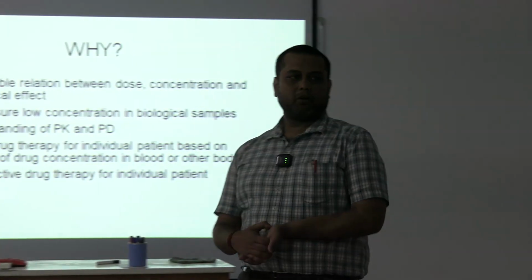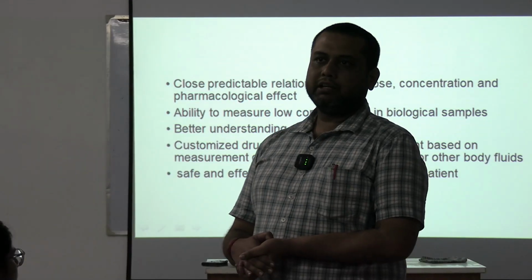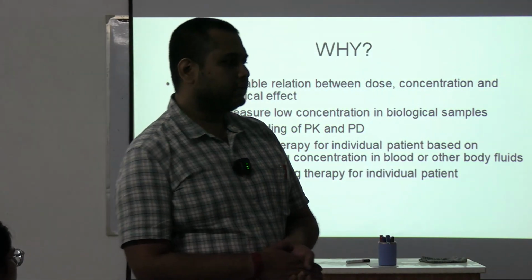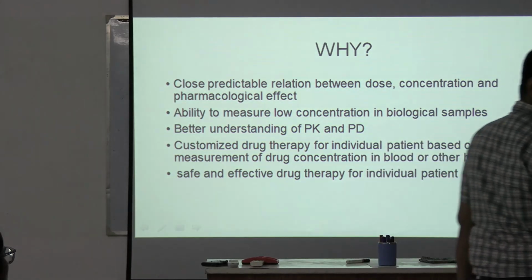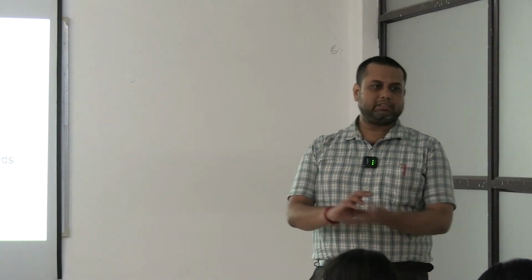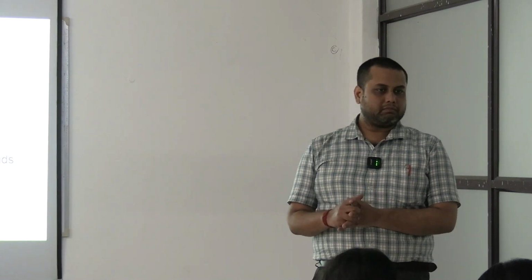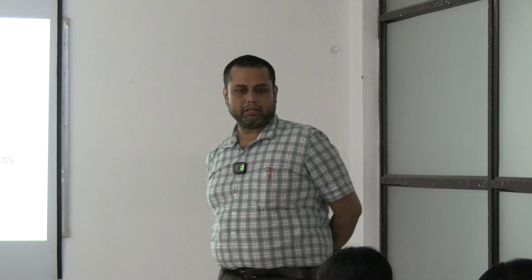For things to be customized, your weight, your body composition, any failure of your organ like liver, kidney, that need to be taken into account. Now we have calculated doses in kidney failure. We have derived the formula for calculation of doses for renal failure.